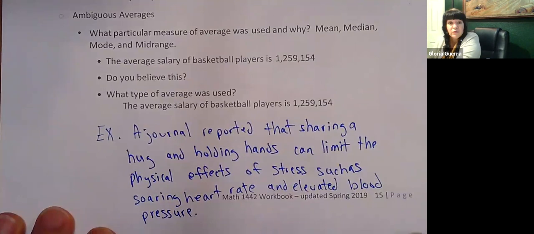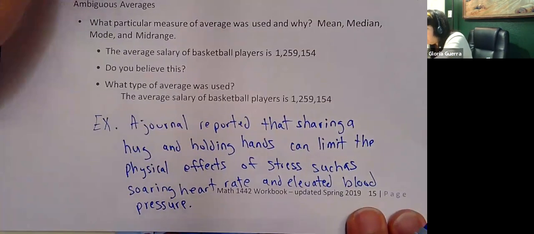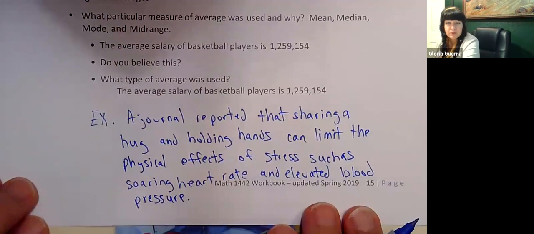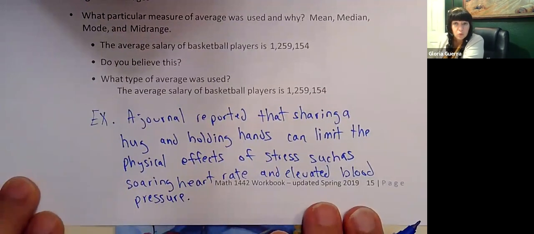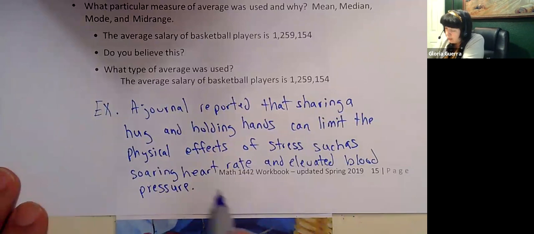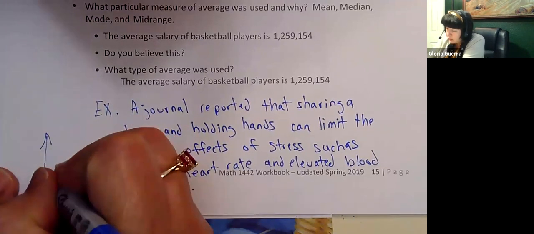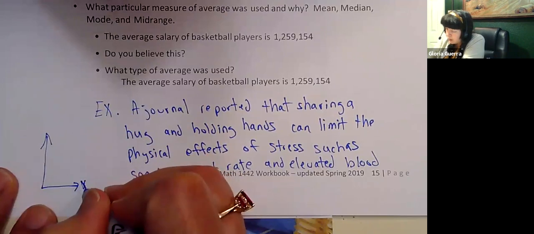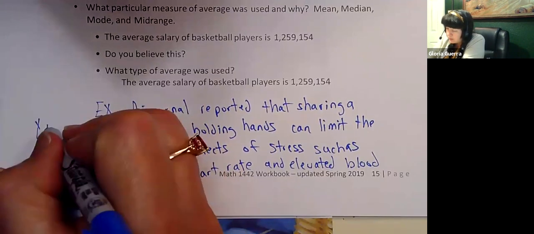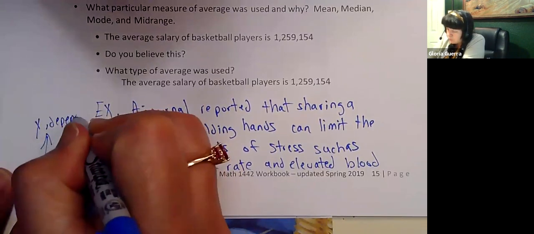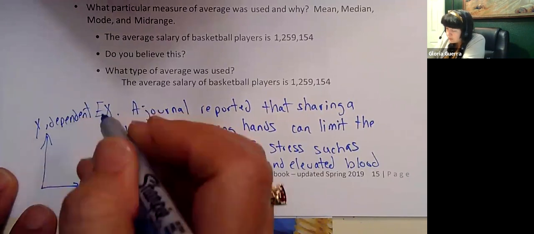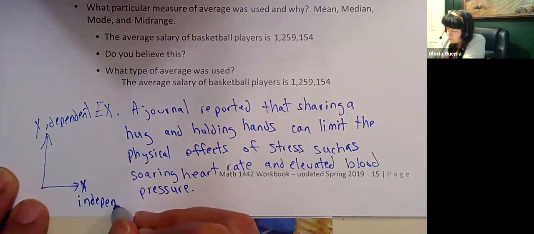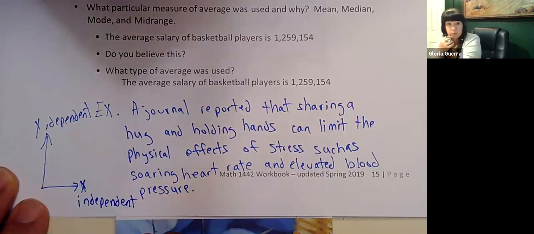So I know this is difficult, right? Going with COVID going on is hard because we have to keep our physical distancing. So this would have to be limited to people in your household, right? But if I look at X and my Y, again, Y is the dependent variable, X is the independent variable, okay?